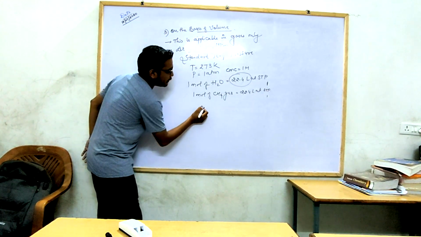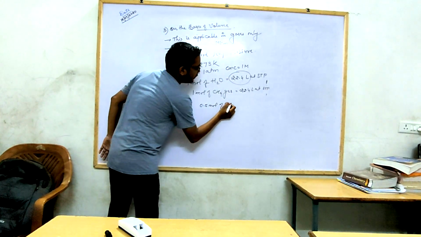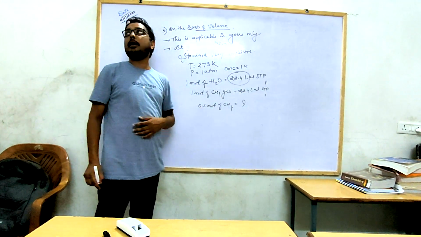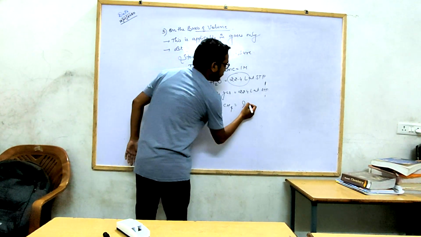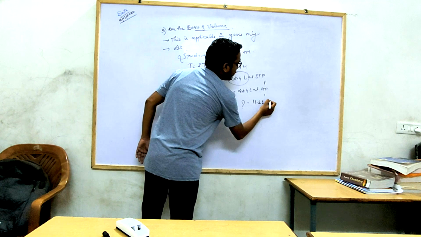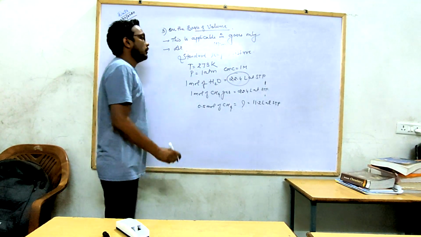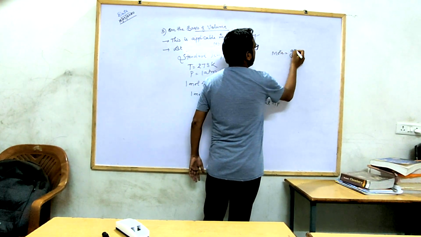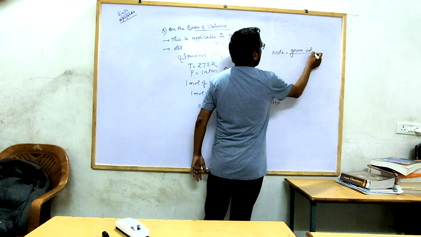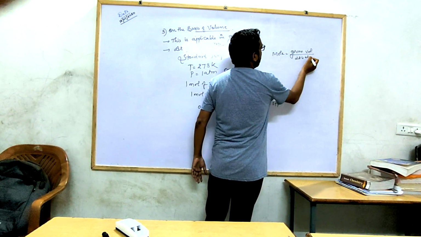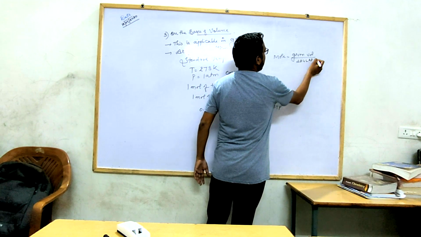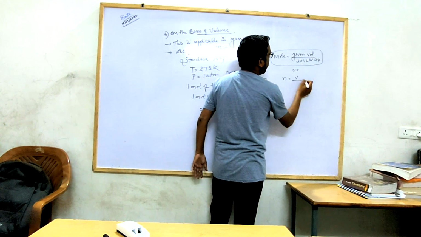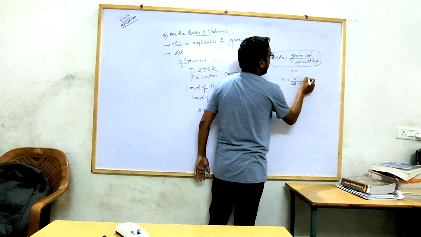If I say 0.5 mole of methane, then what will be the answer? 1 mole contains 22.4 liter. So half mole will contain 11.2 liter at STP. So the formula of this topic will be mole is equal to given volume upon 22.4 liter at STP, or we can write n equal to volume upon 22.4 liter.